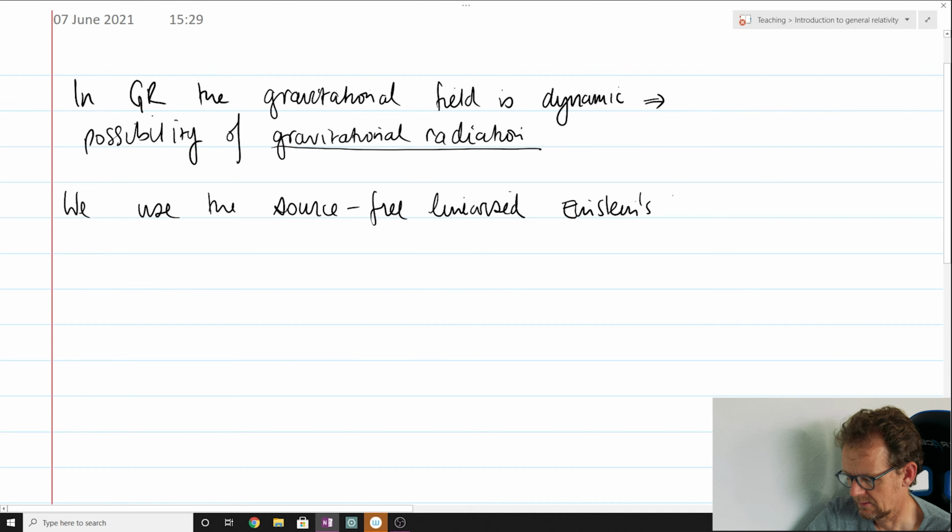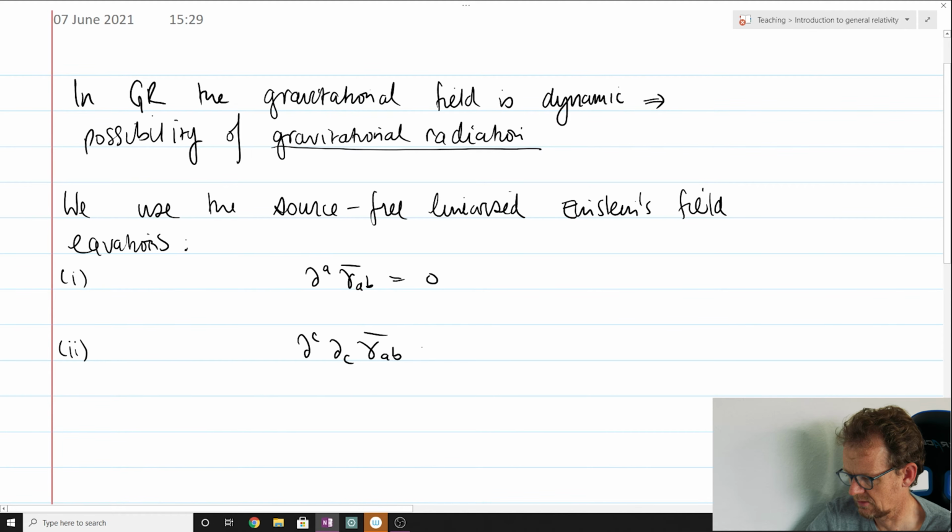However, we're going to work in this particular gauge that we also introduced in the previous lecture, whereby the divergence of the gamma AB (bar) metric is 0. According to this gauge choice, the linearized Einstein field equations become this extraordinarily simple set of second-order partial differential equations.